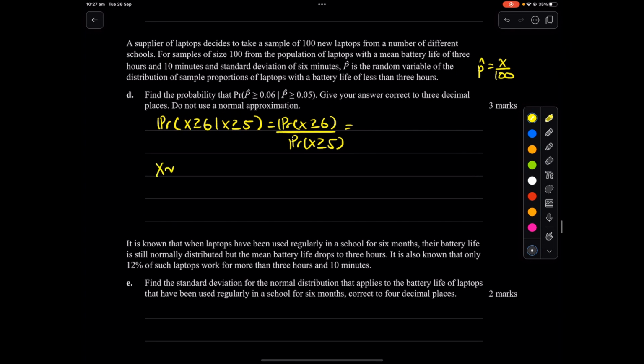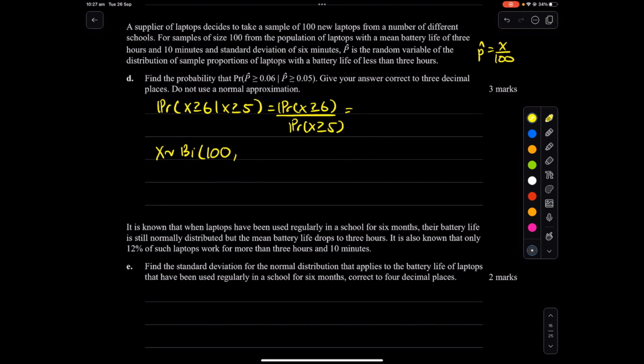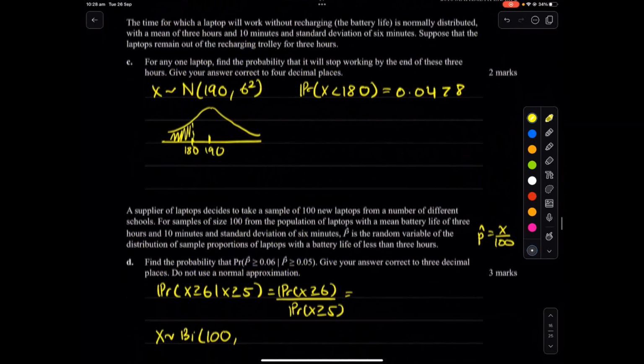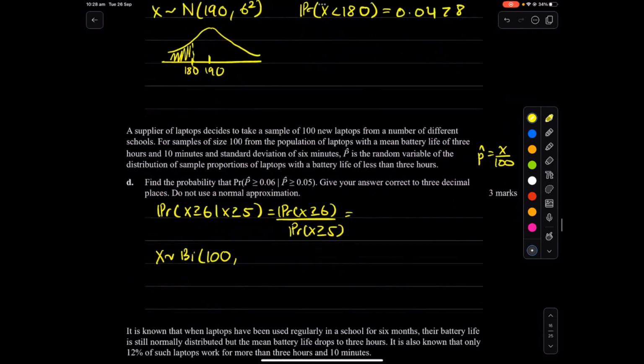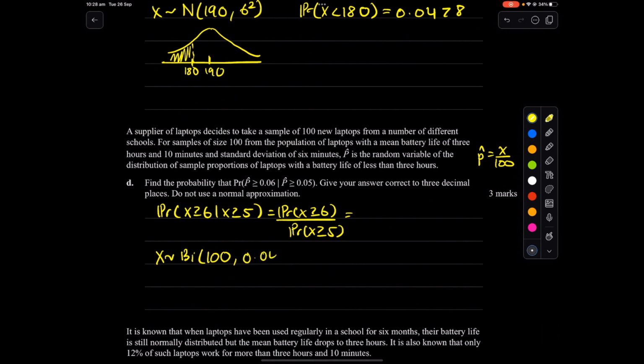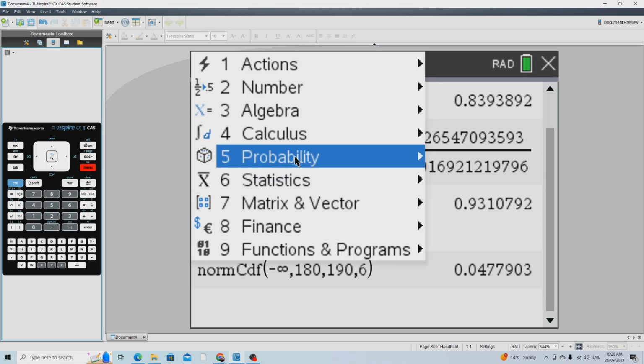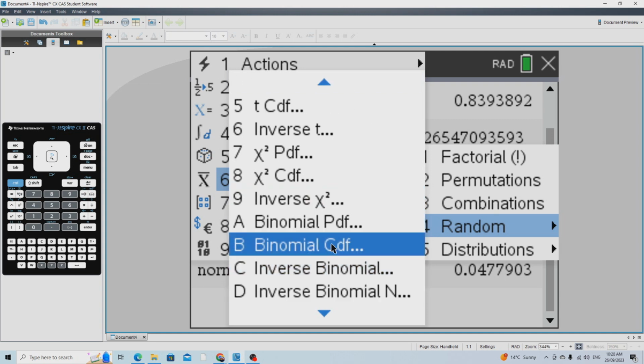Now, let's say X is binomially distributed. We know that there are 100 laptops, and we know the probability of less than 3 hours, which is calculated over here, 0.0478. Let's use our calculator: menu, probability, distributions, binomial CDF.